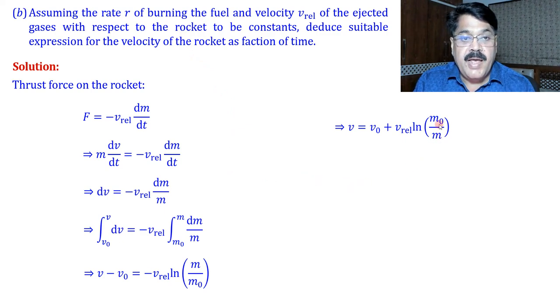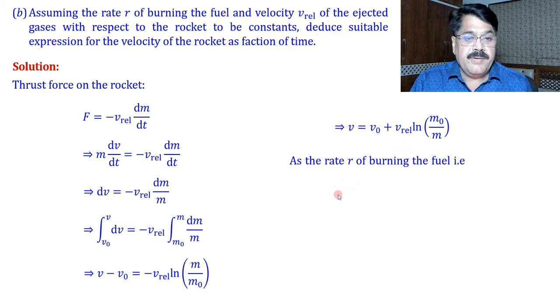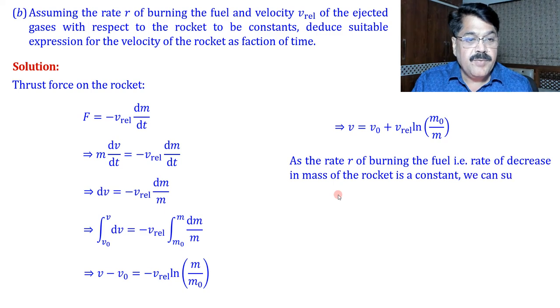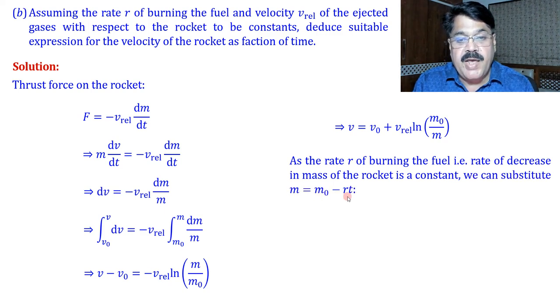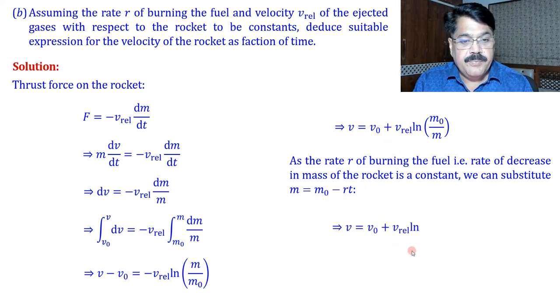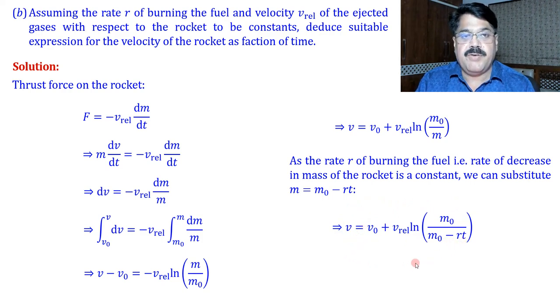So m will be m naught minus Rt, because R is the rate, and in time t, a mass Rt of fuel has been burned and ejected out of the rocket. So the remaining mass will be m naught minus Rt. If we substitute m is equal to m naught minus Rt, what do we get? v is equal to v naught plus V relative ln of m naught upon m naught minus Rt. So that is the required relation, the velocity of the rocket as a function of time.